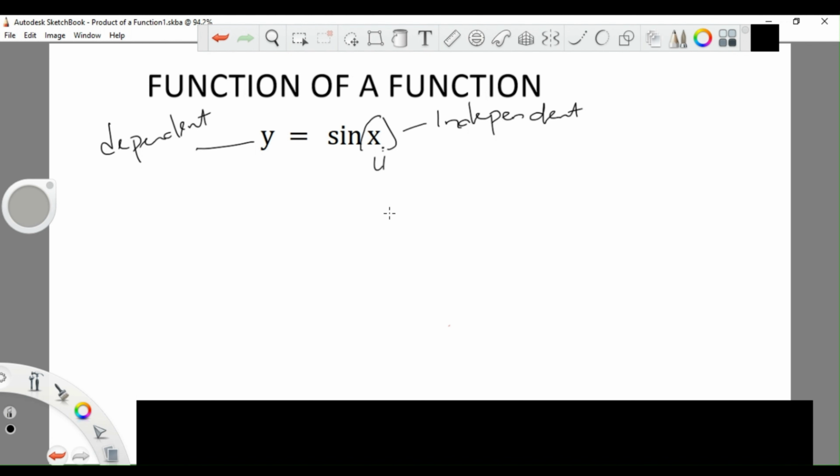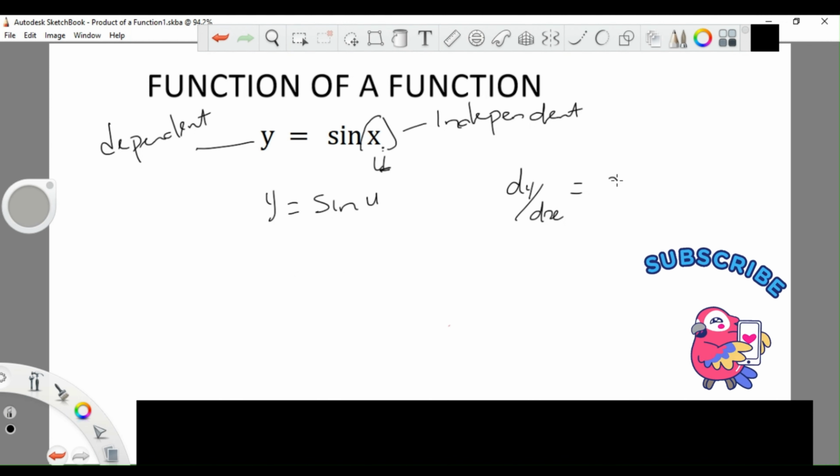So the first thing we do is to assign u to the independent variable, and therefore we now have y equal to what? Sine u. So to do this now, we differentiate the first function that will give us dy/dx. So what we'll do next is to differentiate y = sine u.